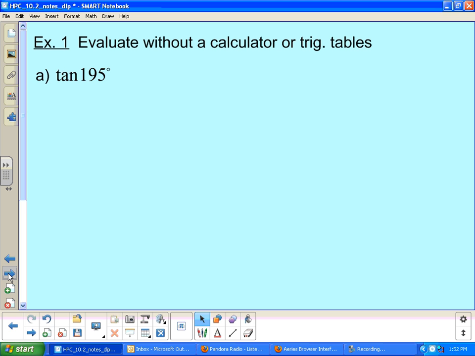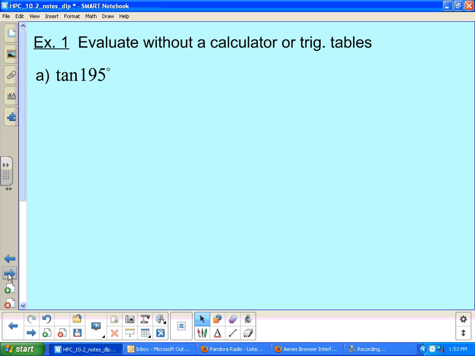Tan of 195. Now, how many of you, when you were doing the sine and cosine problems, were any of you thinking of, like in this example here, tan of 195? Was anyone thinking in regards to a reference angle that puts you in a certain quadrant? Meaning, tan of 195 would be a 15-degree reference angle in quadrant 3.